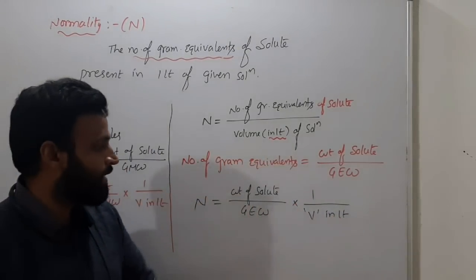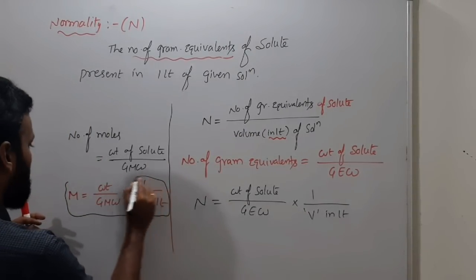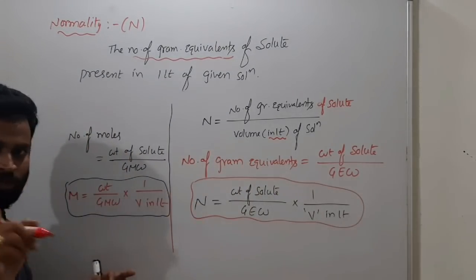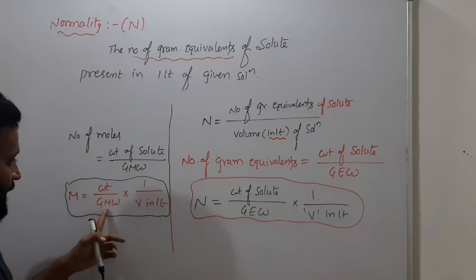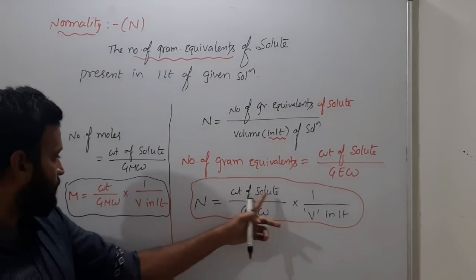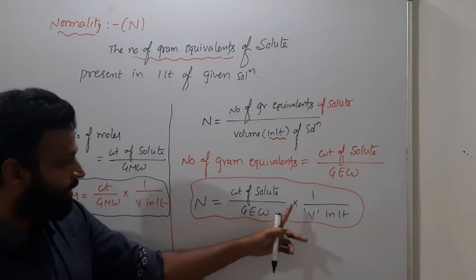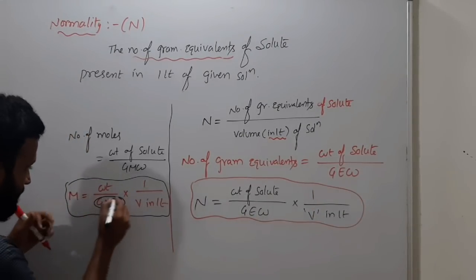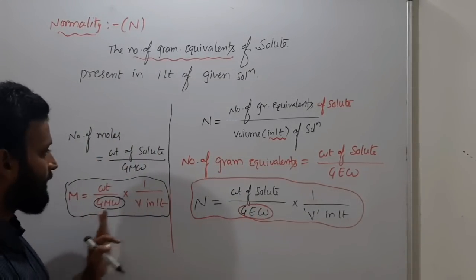New students, don't worry about gram equivalent weights, I'll tell you. So here you have gram molecular weight, whereas there you have gram equivalent weight. That is the only difference between molarity and normality.